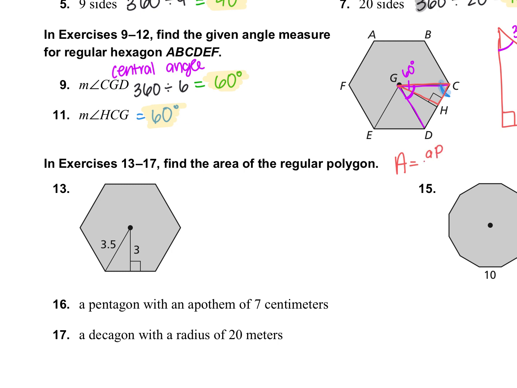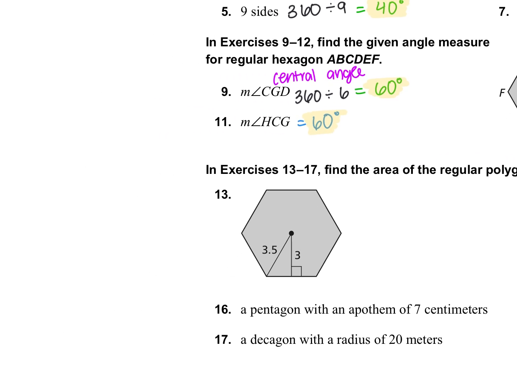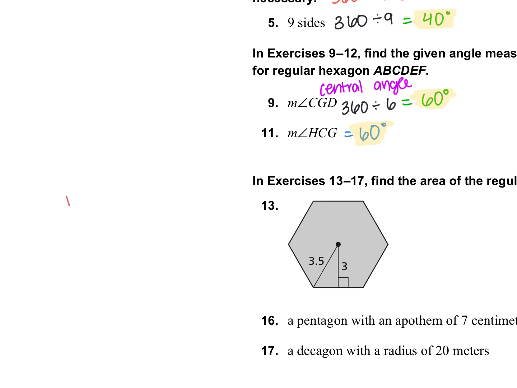Good. So I normally do apothem times perimeter divided by 2. But yes, if you do 1/2 times apothem times perimeter, that works. Just to clarify, perimeter equals the number of sides times your side length.